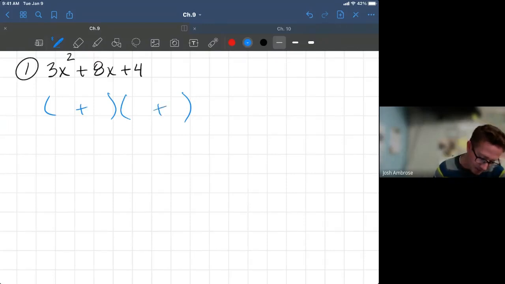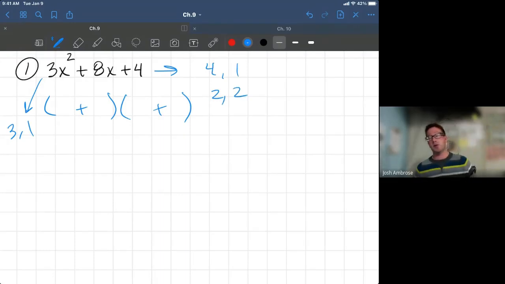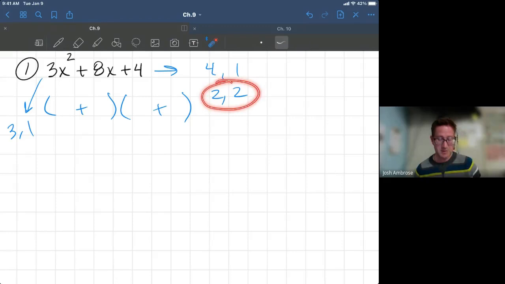All right, now let's think about this. Factors of 3 are just 3 and 1. Factors of 4 are 4 and 1, or 2 and 2. So we don't know which one we should pick. I recommend still starting with the ones that are closest together.